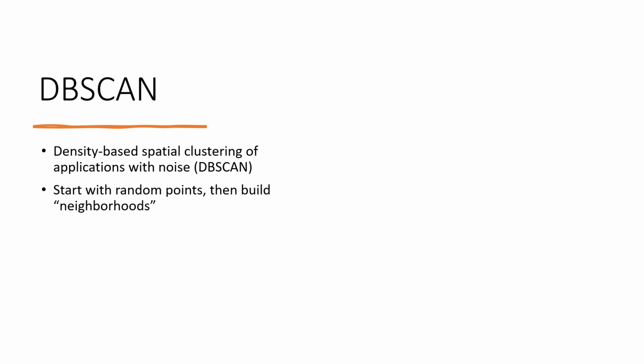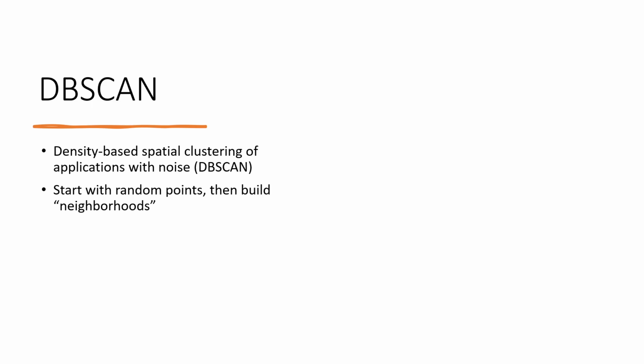First of all, we're going to start with a random point and then see if we can build neighborhoods around it. That is, I'm going to look in a certain region and see, do you have any friends that live with you in this region? And if you do, if you have other data points that live close enough within that particular region, then we're going to call that a quote-unquote neighborhood. And then we're going to start building that out. We're going to look at all your friends' houses and see how many data points y'all have within your regions.